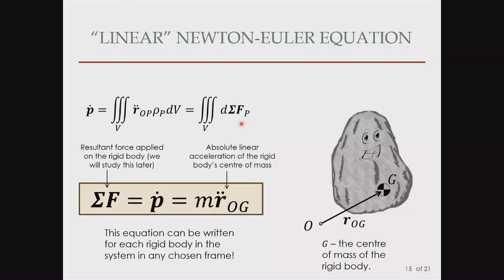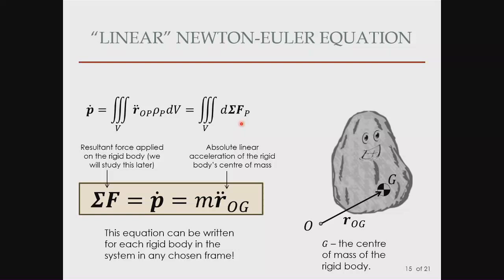Okay? So this is how we go from Newton's law for a particle to the rigid body one, containing many such particles, a continuum of such particles. So this would be the sum of all of these blue arrows, all the different applied forces on the rigid body.